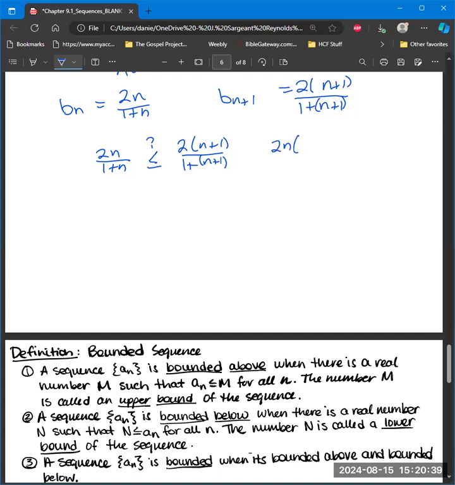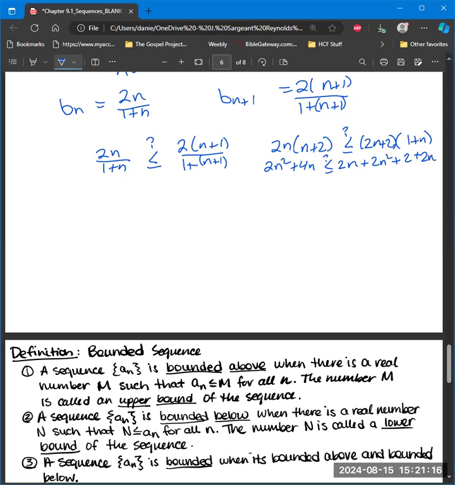So 2n times n plus 2. Is it true that that's less than or equal to 2n plus 2 times 1 plus n? Let's see. So this is going to be 2n squared plus 4n. Is that less than or equal to 2n plus 2n squared plus 2 plus 2n?